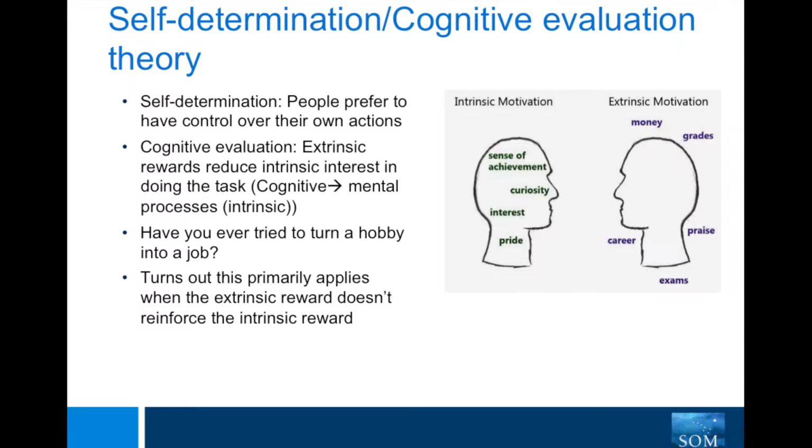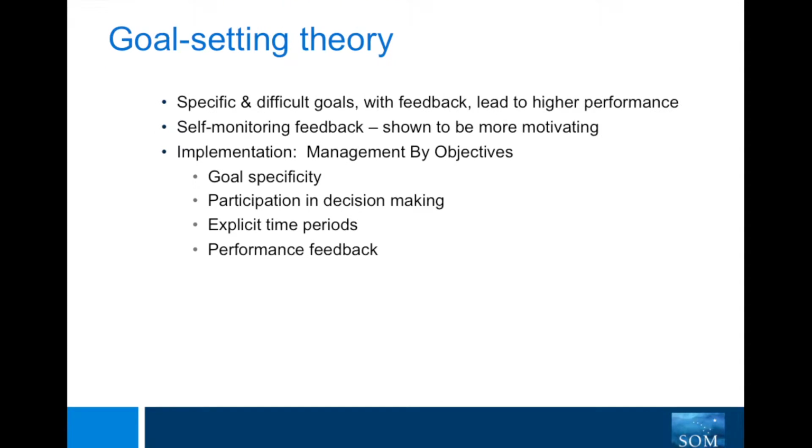This oftentimes applies when extrinsic rewards don't line up with the intrinsic reward of performing a particular task or function. So if you're given a bonus based on some arbitrary target that doesn't really align with the intrinsic motivators or reasons why you do something, those extrinsic rewards actually can be demotivating.